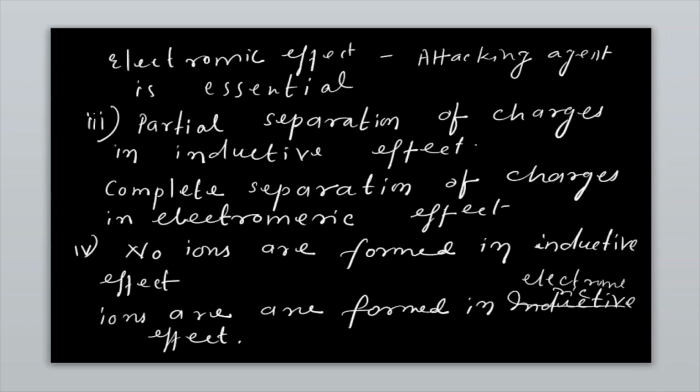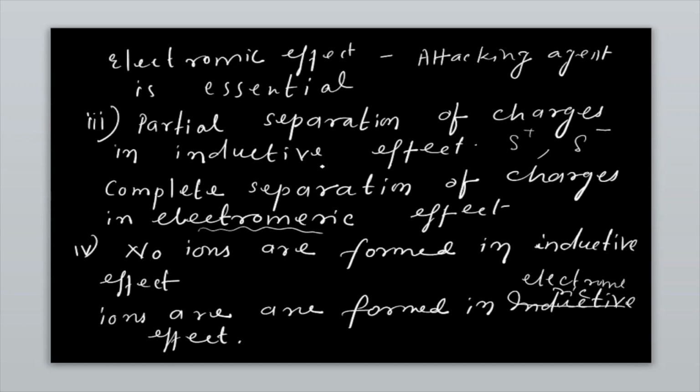Partial separation takes place in inductive effect, whereas complete separation of charge takes place in electrometric effect. Partial separation means you write delta plus and delta minus, and the alkyl group releases electrons forward, while in electrometric effect there is complete separation.